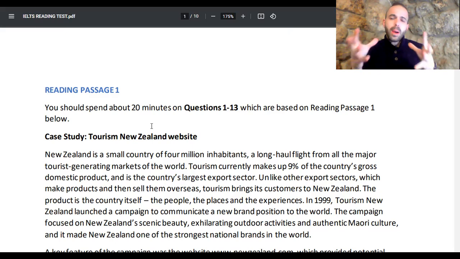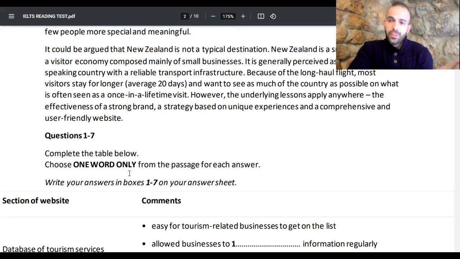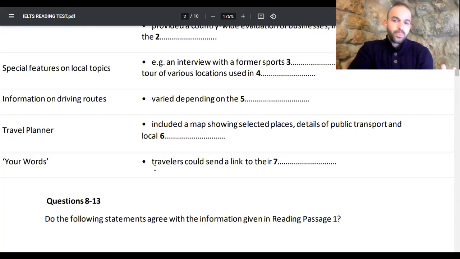The words, the vocabularies, the sentences in the general test are much easier. They're not that complicated, and the paragraphs in the general IELTS reading test are not as thick as that. They're not as dense as the academic IELTS reading test. So you would see that reading passage 1 is a full text. All the paragraphs are dense and long, and we have some questions about it.